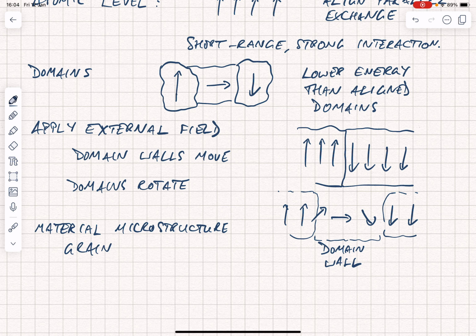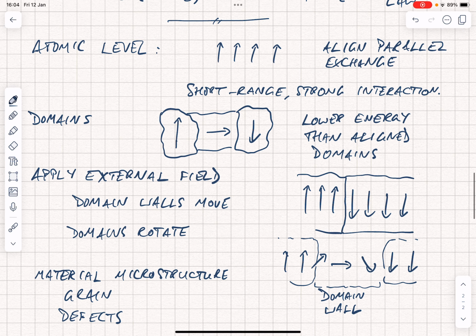It'll include defects and various other things. So once you start trying to understand the behavior of a large piece of iron in an external field, you have to look at all sorts of different levels, both atomic and domain level, at the crystal level, the microcrystals, the crystal structure, the grain structure, and larger scale things.